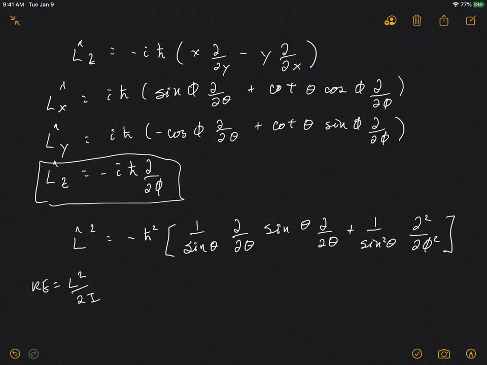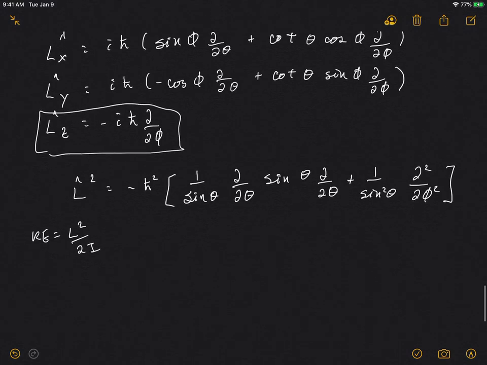So yeah, when you take Lx and you square it, and then you perform some simplifications and do the same thing with Ly and do the same thing with Lz, it boils down to this expression. And we can also get it by comparing to our Hamiltonian.